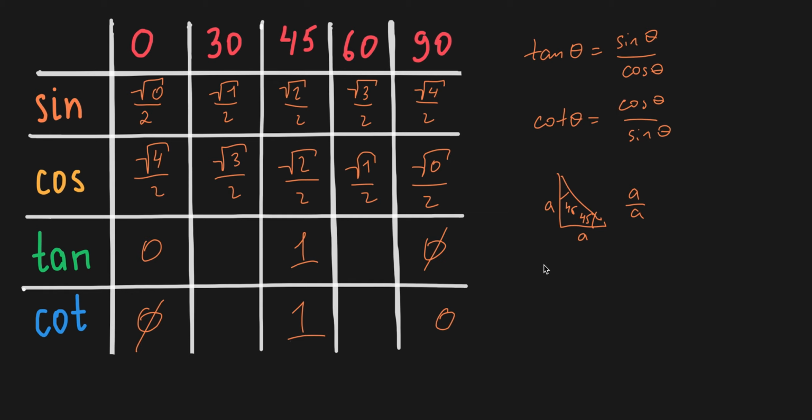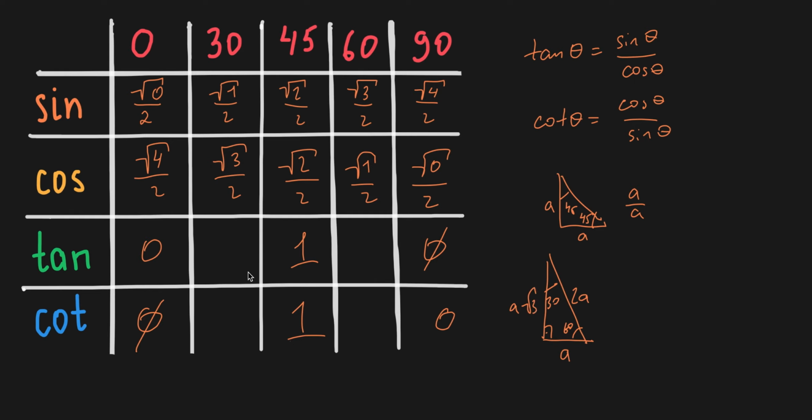But if you don't want to memorize them, you can always draw a 90, 30, 60 triangle. And for any 90, 60, 30 triangle, the side that is opposite to 30 is going to be a, the hypotenuse is going to be 2a, and this side is going to be a square root 3.